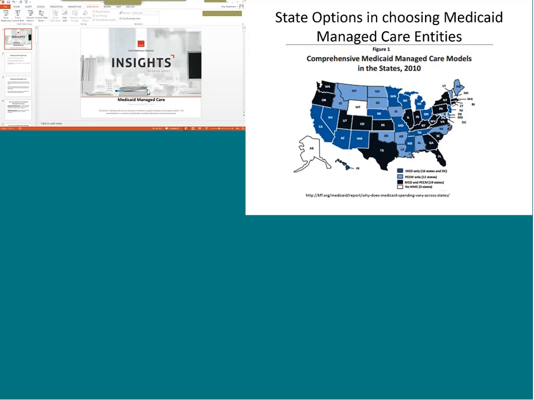And you can see from this map a distribution of which states were in MCOs, which ones had PCCMs, and then a combination of both. As you can tell, most of them were in MCO or MCO combination programs.